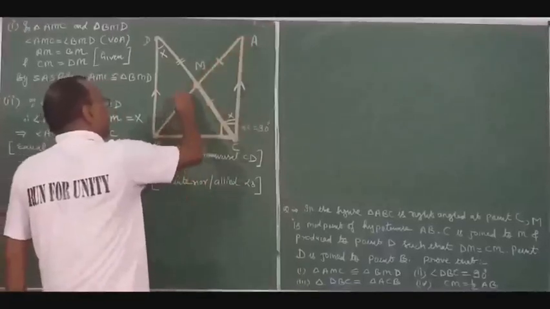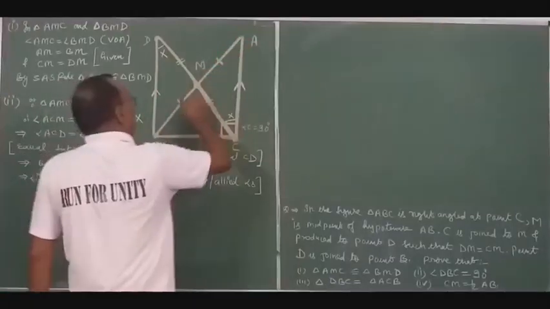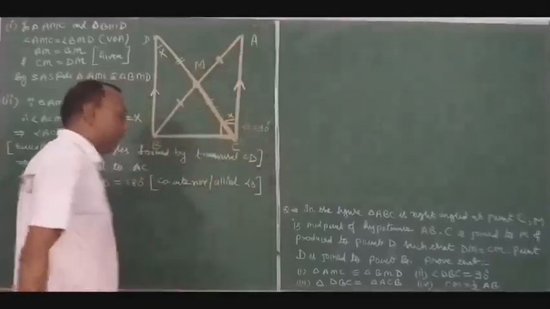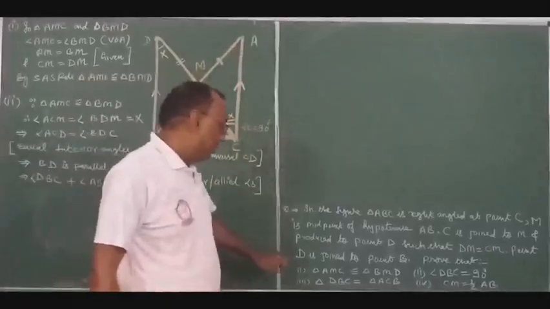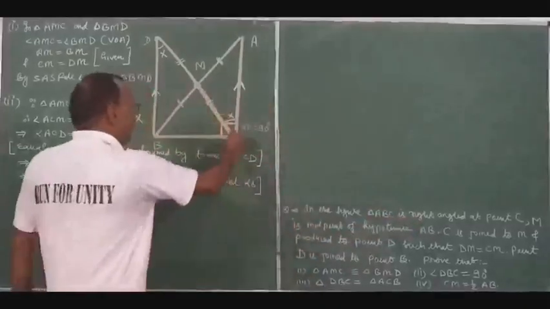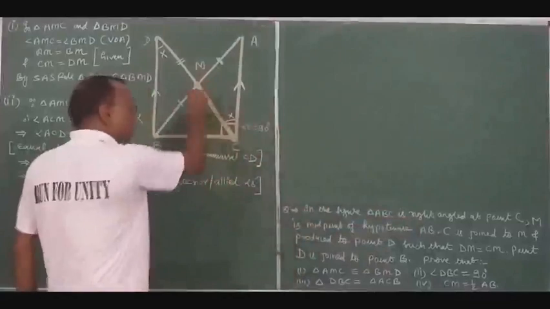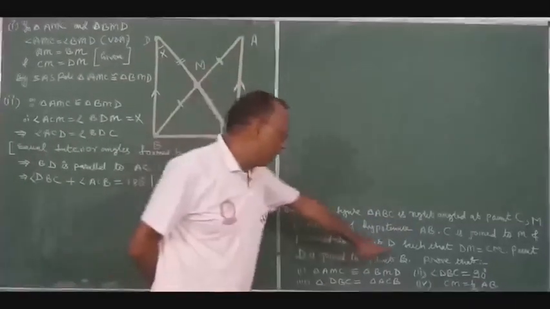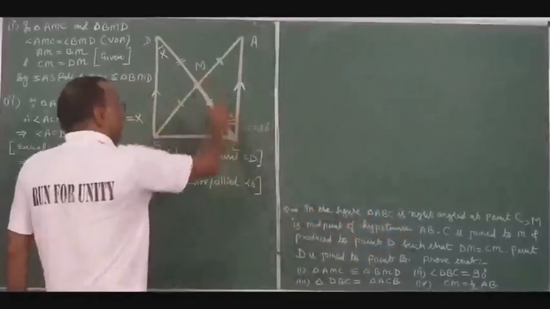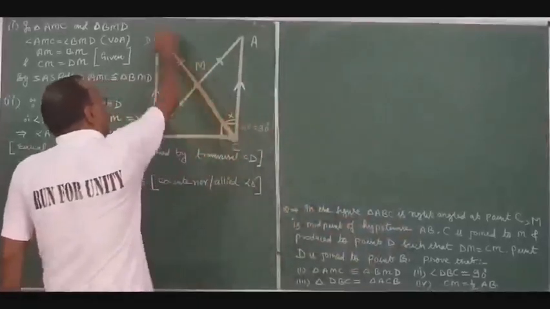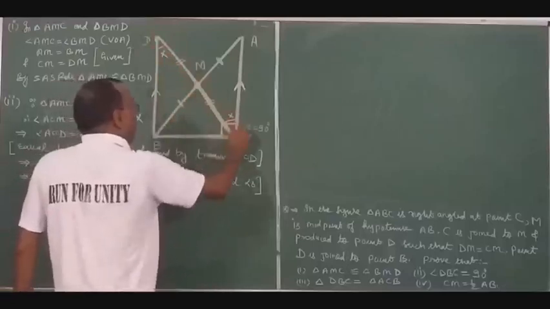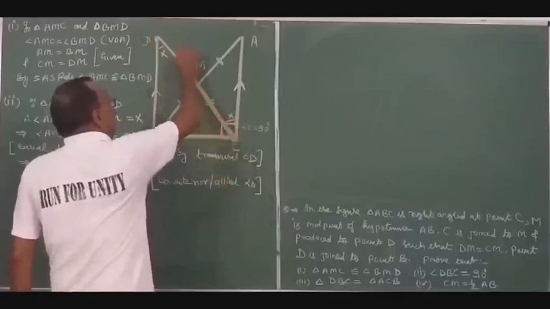It means this BM will be equal to AM. And C is joined to M and produced to point D such that DM is equal to CM. This segment CM is equal to segment DM.